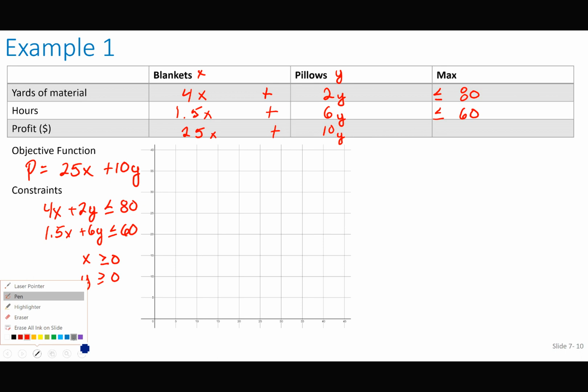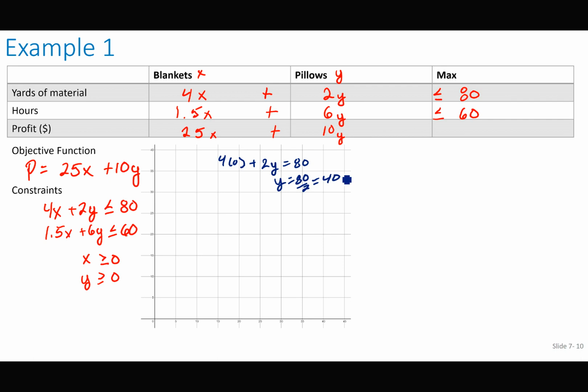If I do it using my method in standard form, 4 times 0 plus 2y equals 80. Then y is 80 divided by 2, which is 40. So I know I'm going to have a point on the y-axis at 40. It might be tough to see, but that top one is at 40.